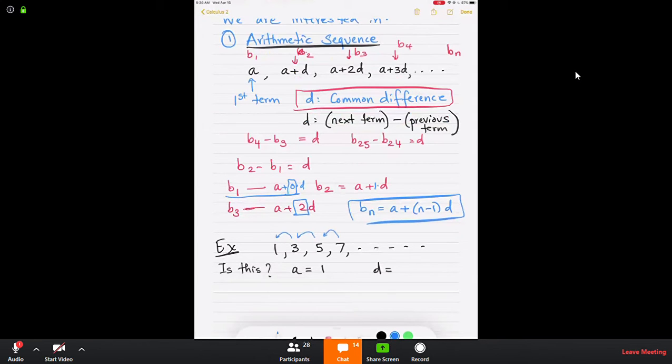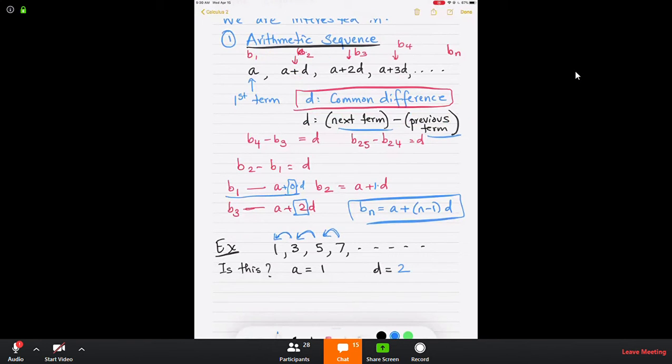And it looks like it's the same for everybody. Remember what is d? It is the next term minus the previous term. I have drawn the arrows there. So you're going to check 3 minus 1, 5 minus 3, 7 minus 5. So the common difference is 2, right?